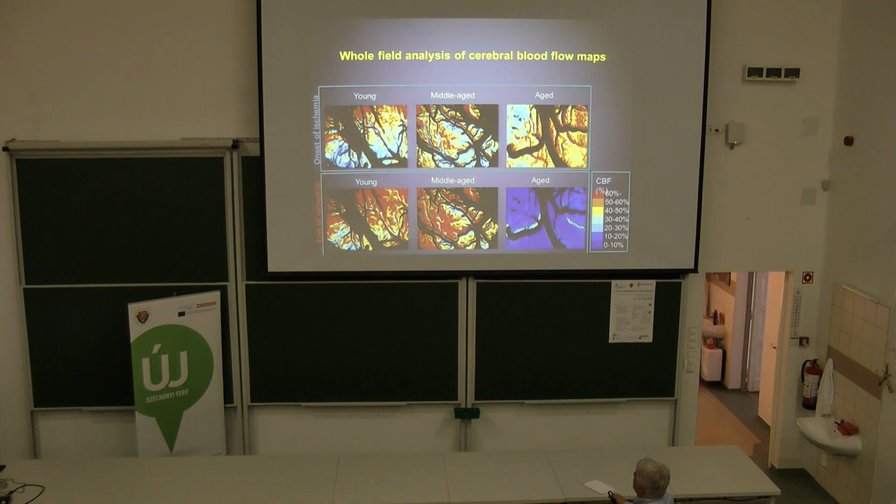And if you consider how this depolarization effect is represented by blood flow changes, in an ischemic brain, in the young brain, at the beginning of ischemia, there are areas which are hardly perfused, but some of the areas are well perfused. In the middle-aged, the picture is almost the same.